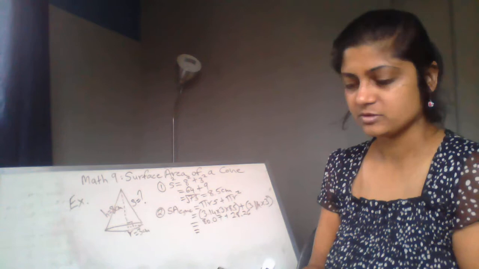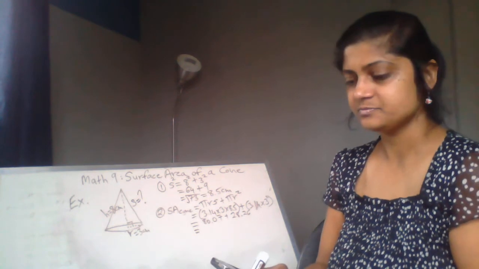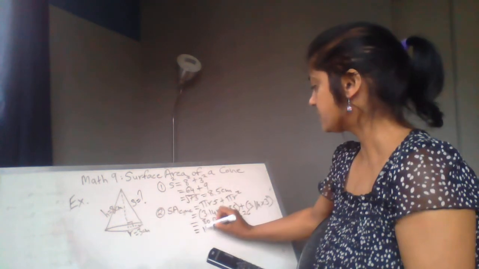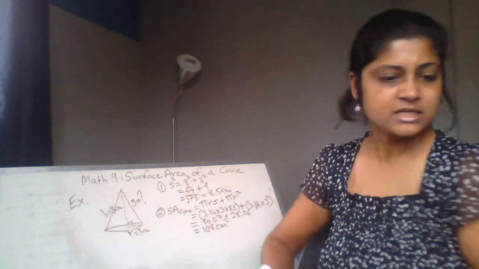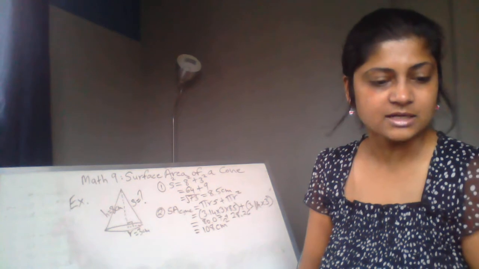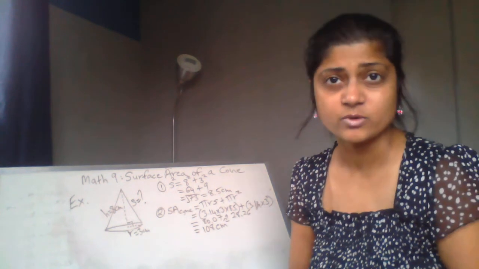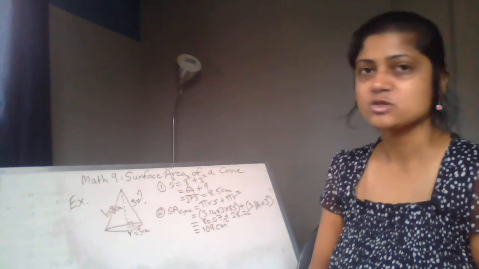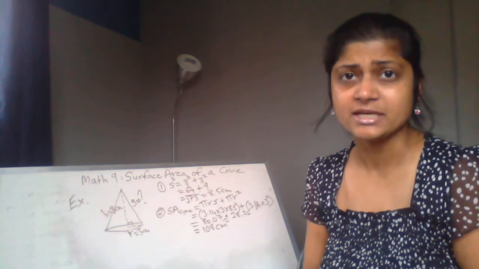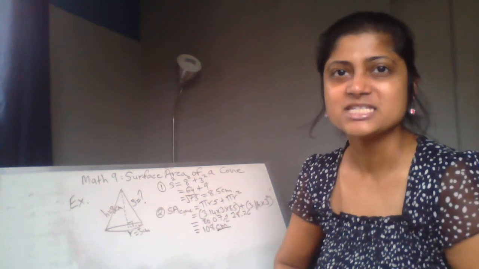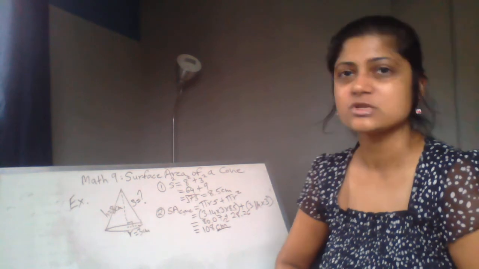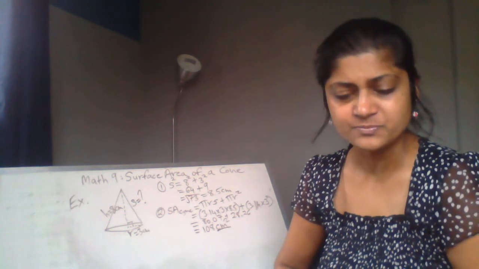I'm going to add both of these numbers together, and I'm getting 108 centimeters squared. The question did say to round to the nearest square centimeter, so I got 108.33, and we're going to round that to 108. One more time, do not forget to put the units down, so here it's going to be centimeters squared.